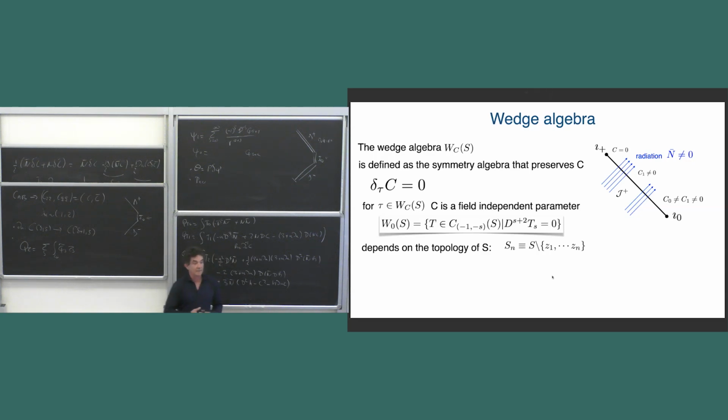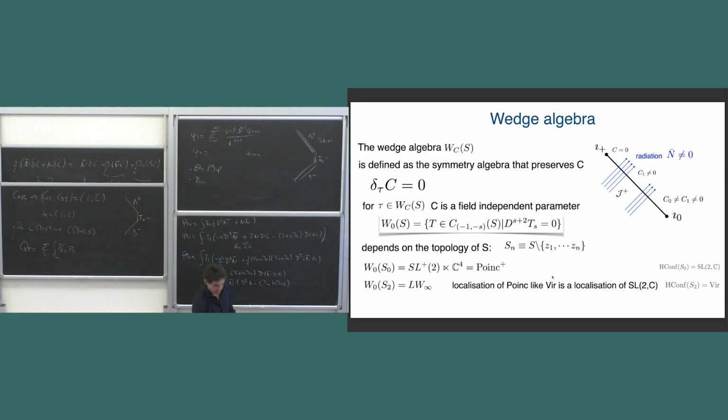It depends on the topology of the sphere. If the sphere, let's say Sn, has no puncture, this symmetry algebra is simply Poincaré. If the sphere has two punctures, then this symmetry algebra is the LW infinity algebra, which is an infinite dimensional algebra.